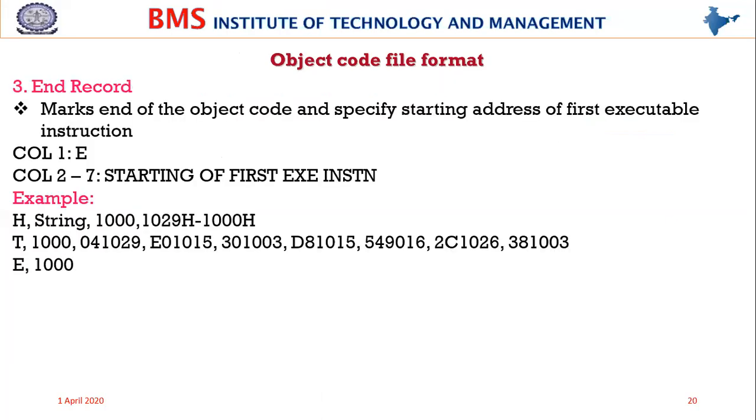Okay. And the end record. The end record has the indication E, stating that it is the end. And 1000 is the starting address of the first executable statement. So this is the object code file format usually asked.